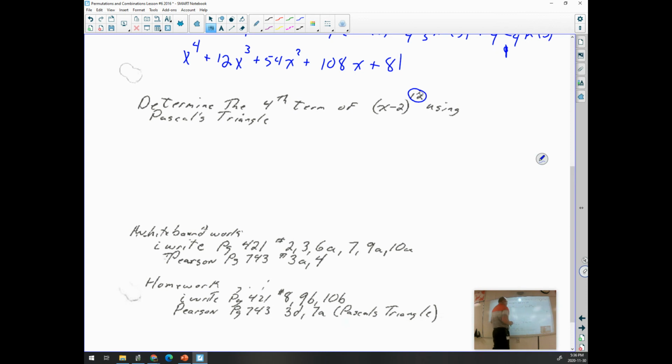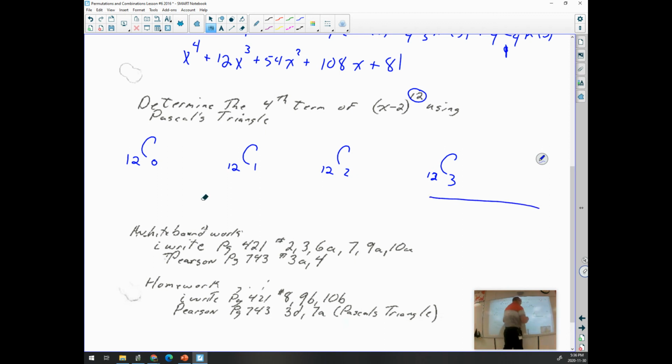Our exponent is 12. So our first term of that guy would be 12 choose 0. Our second would be 12 choose 1. Our third would be 12 choose 2. And our fourth would be 12 choose 3. Okay, I don't care about the rest of those guys. So this is the term that I want.